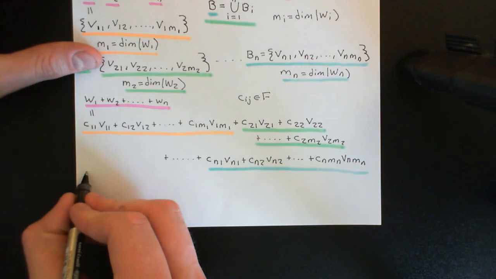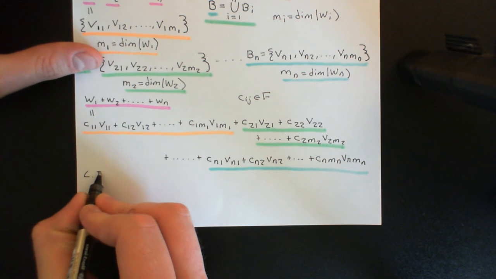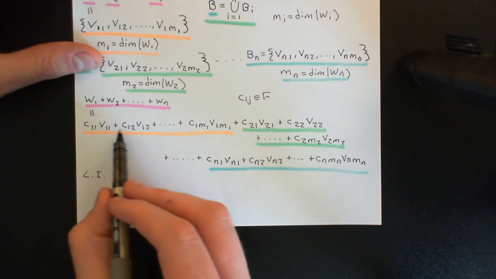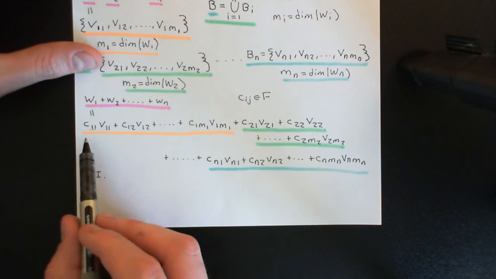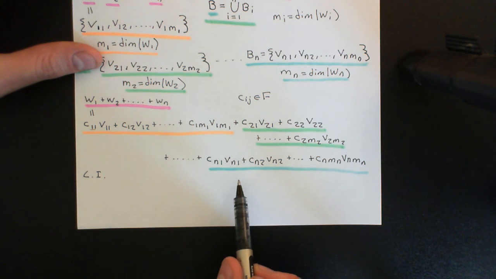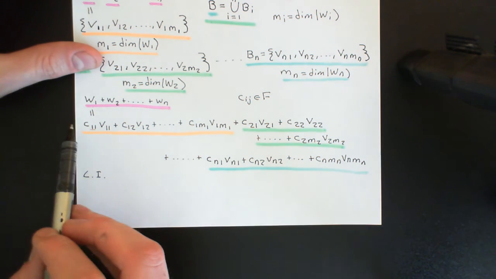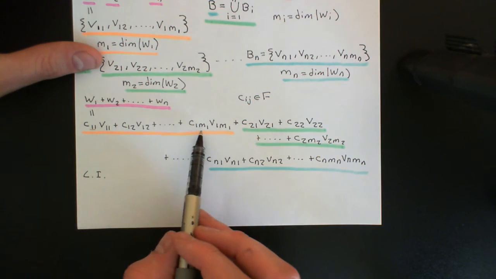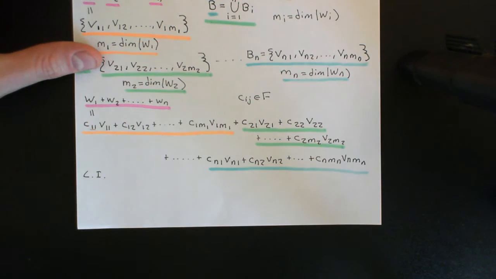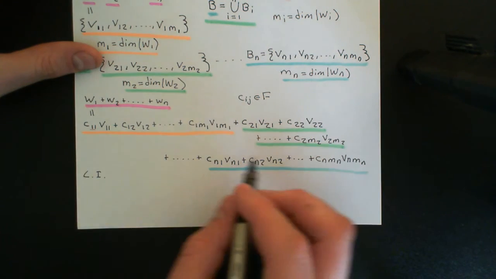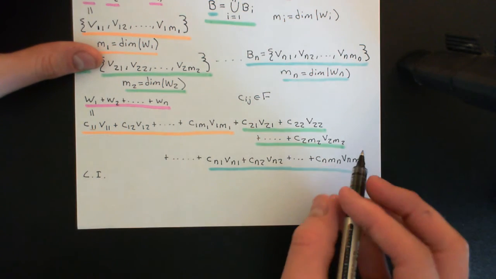So what we want to prove then is that there is only one linear combination of all these vectors which gives the zero vector, and that is the linear combination where all of these coefficients here are going to be the zero from the field. So I might as well use this exact thing that I've written out here.